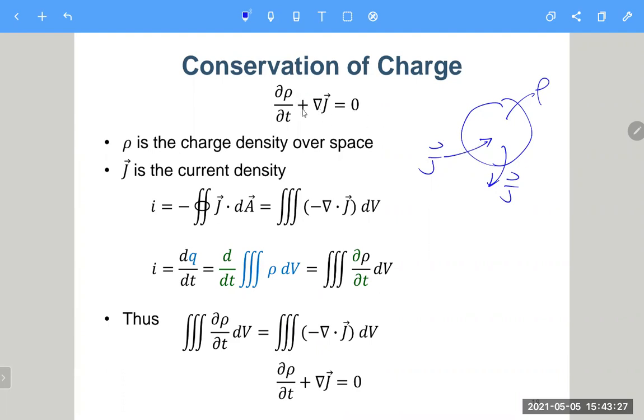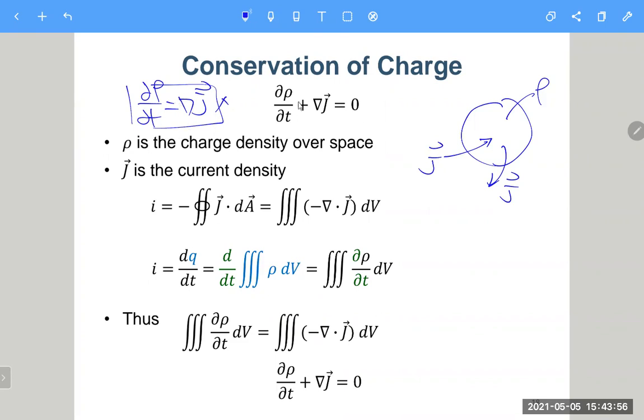So we have a plus sign here rather than partial rho partial t equals divergence of J. This is not correct, because if you want partial rho partial t to be a positive value, you would want J to be going in rather than going out.